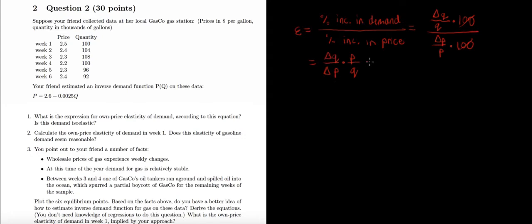So this is equal to dQ dP, or sometimes we can write this as partial Q partial P, because the quantity can depend on other things like the weather or this time of year or the presence of a pandemic, times P over Q. So this is the formula we can use.